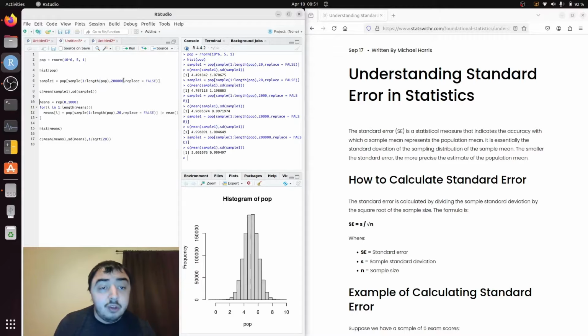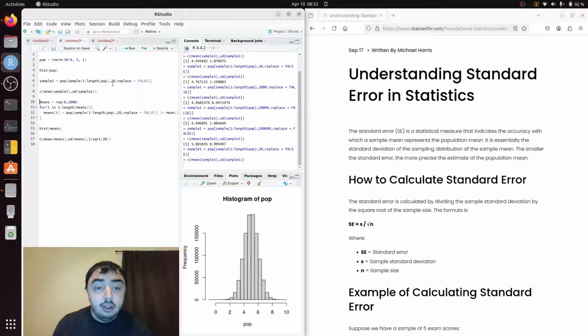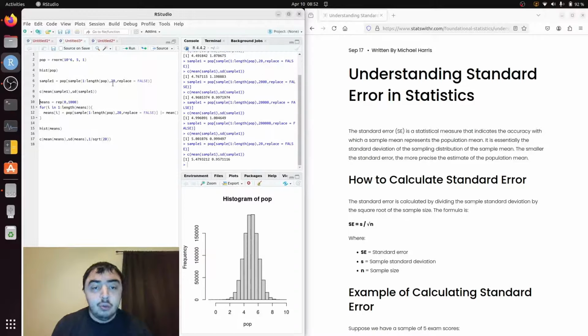And that's actually what we're going to be talking about: the variability in sample means. So when we had a smaller sample, the variability in the parameter estimate was greater. It's not 4.99, it's 5.48.